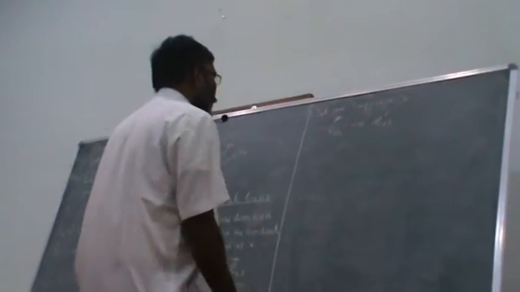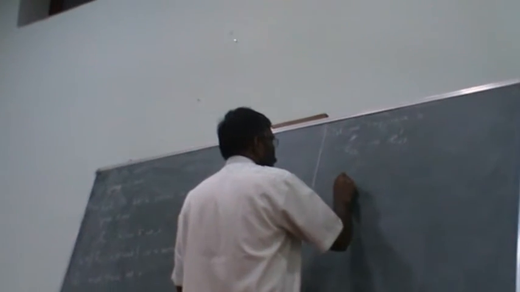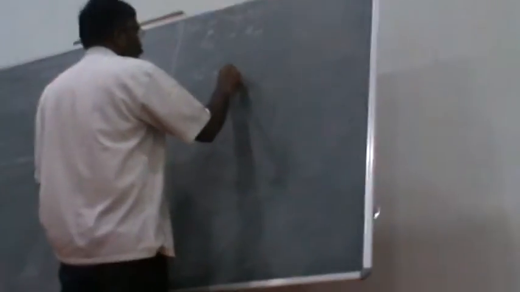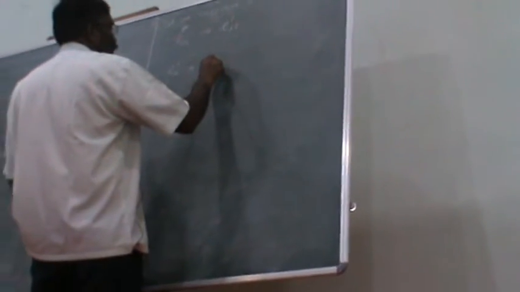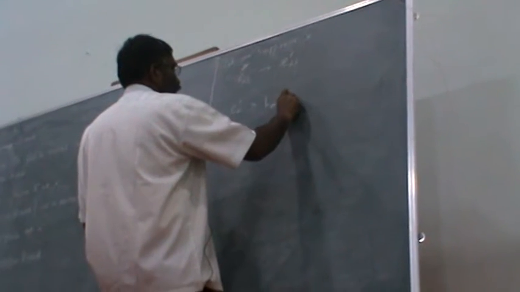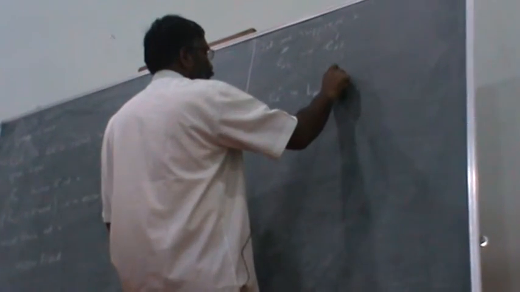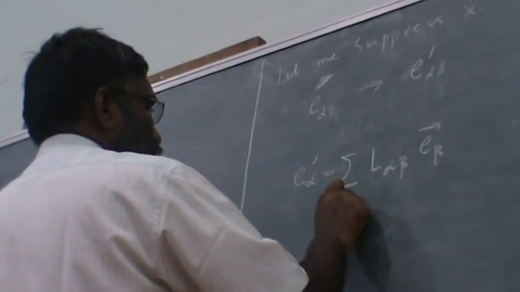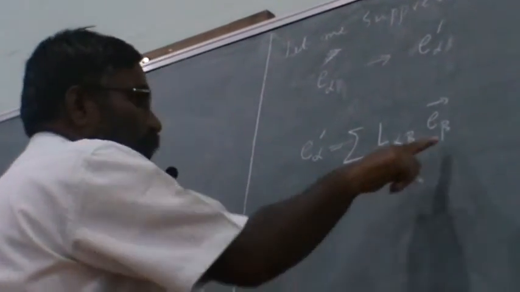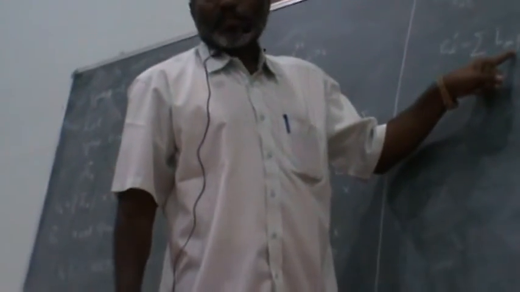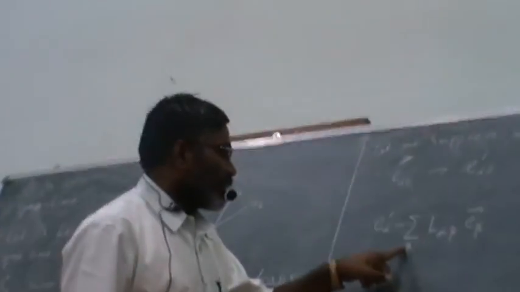Then we can always write this E alpha prime as some kind of L alpha beta into E beta, sum over beta. I am writing this explicitly because this L alpha beta is not a tensor. It is simply a transformation matrix, so I am writing the summation explicitly.